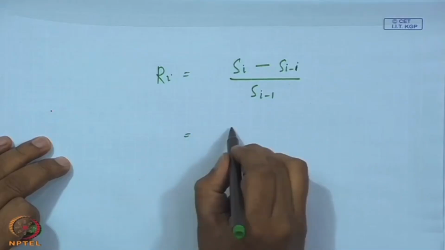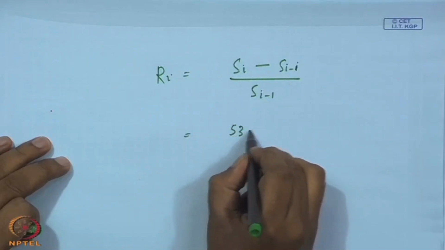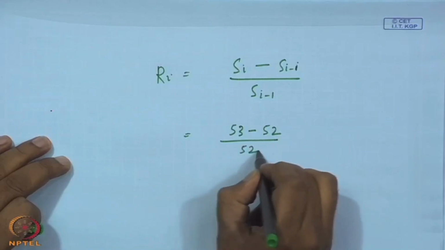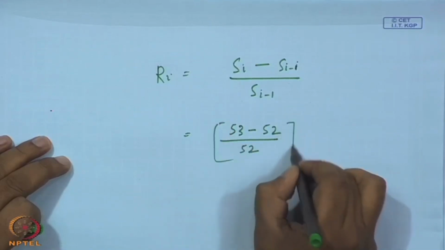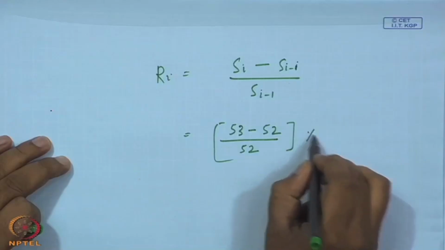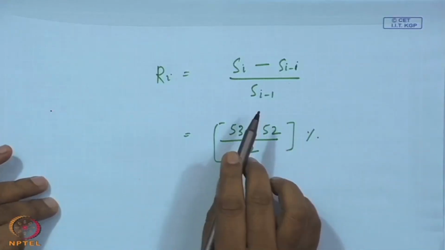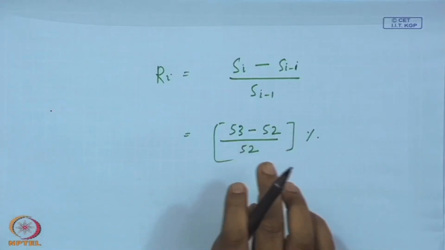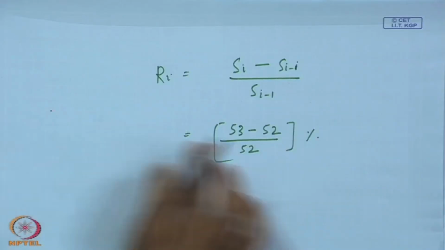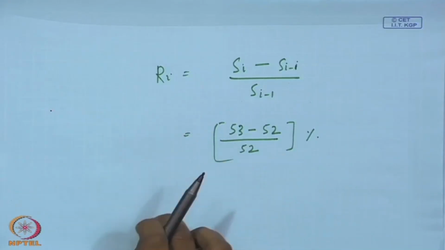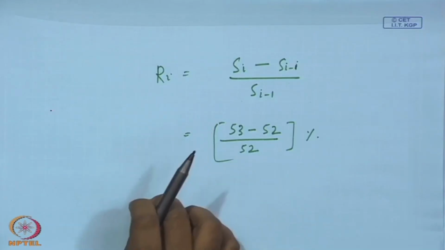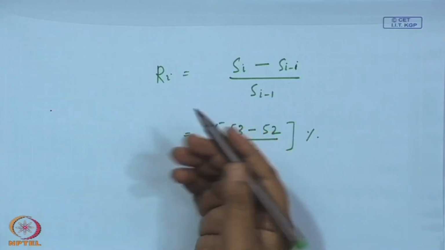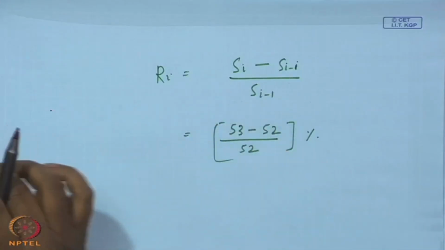Suppose today we have 53 rupees per dollar and yesterday 52 rupees; dividing the difference by 52 gives us the return. The return will be in percentage form. So, return is today minus yesterday divided by yesterday. This return is a daily return because we are taking data every day. After getting the daily return, we can convert it into yearly, monthly, or any other return over a period of time.